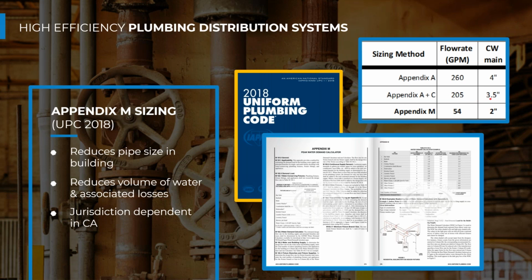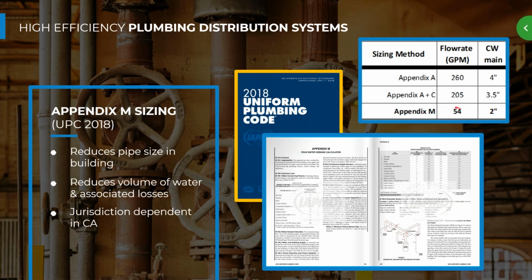So the city might just put in a 4-inch main there regardless of that slight reduction in sizing. Appendix M is the peak water demand calculator. It's new in the 2018 Universal Plumbing Code, and it's going to result in a peak flow rate of 54 gallons per minute, which is only going to require that 2-inch main.